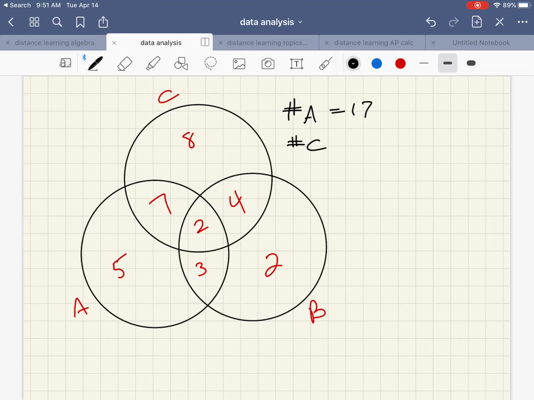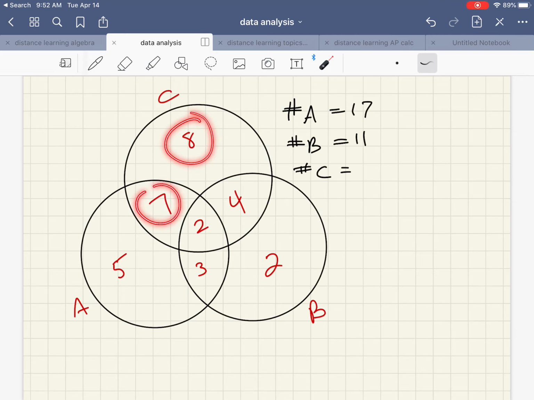The number in, I guess I'll go B next. 2, 3, 2, and 4 are all within the circle B. And we have 5 and 6, which would be 11. And then the number in C, 8, 7, 2, and 4. 15 and 6 is 21.